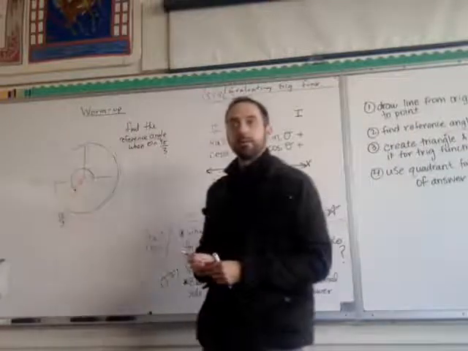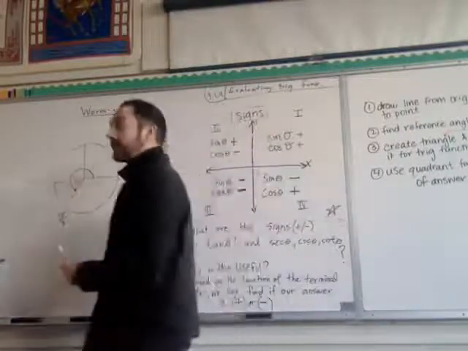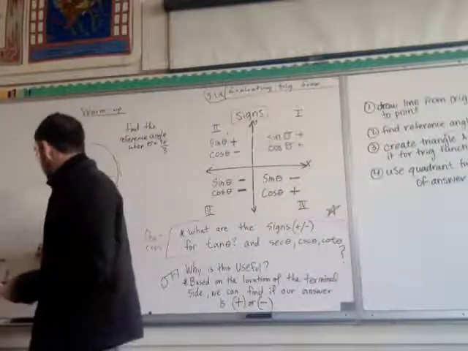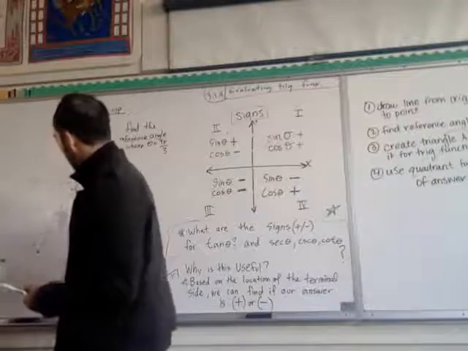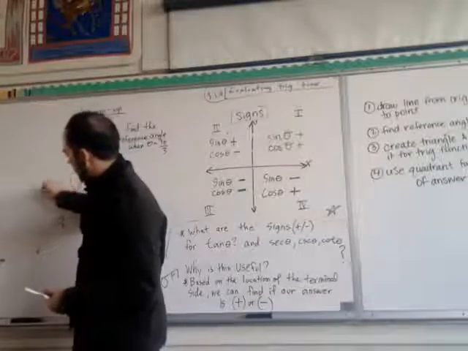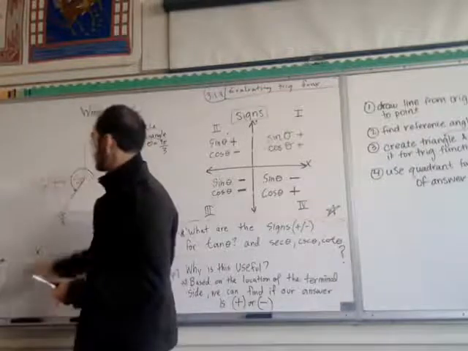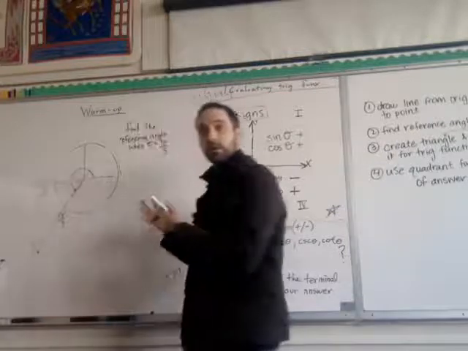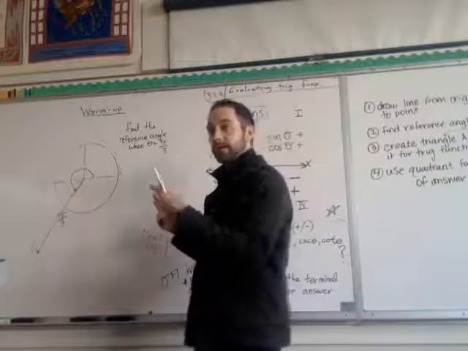Pi over 3. So what I'm pointing out here is, if we were given a coordinate out here, which was what problems 1 through 4 was, if we were given a point out there, I know this is my theta, so naturally I'm going to be creating my triangle this way. Okay. Now we just have a triangle we can pull out, but we have one detail to master before that.